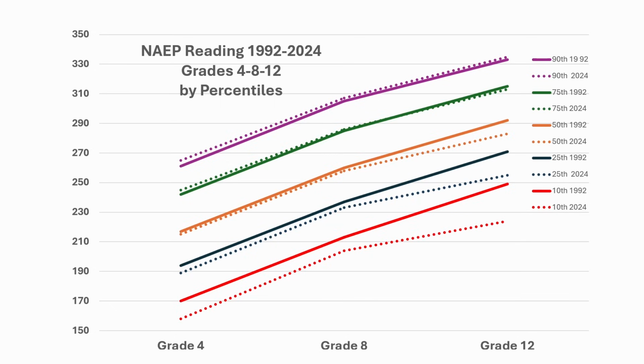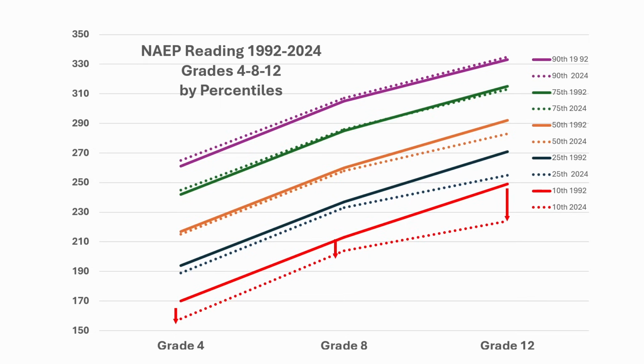Compared to 1992, to the most recent year of testing, we see the bottom 10% of our student body has had very big drops across all three grade levels tested, grade 4, 8, and 12.